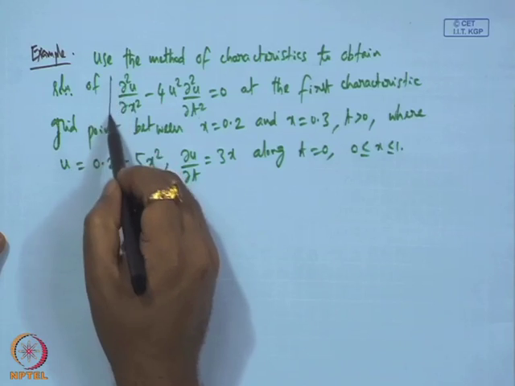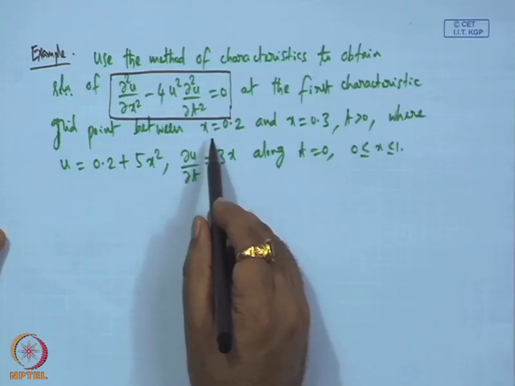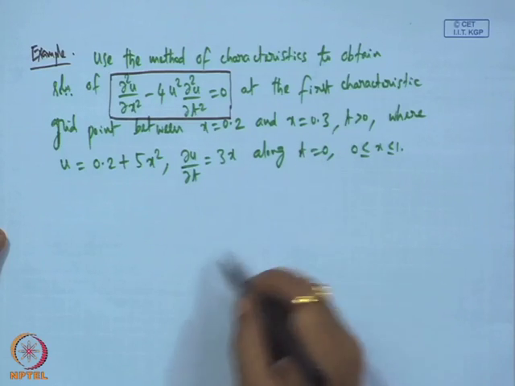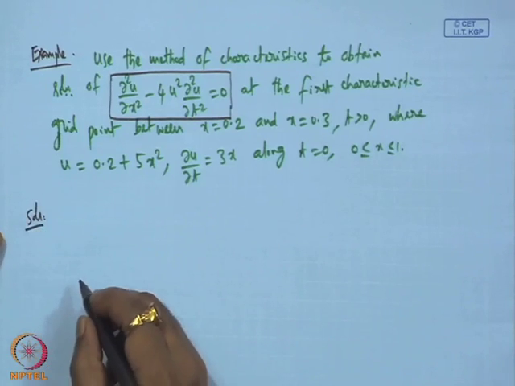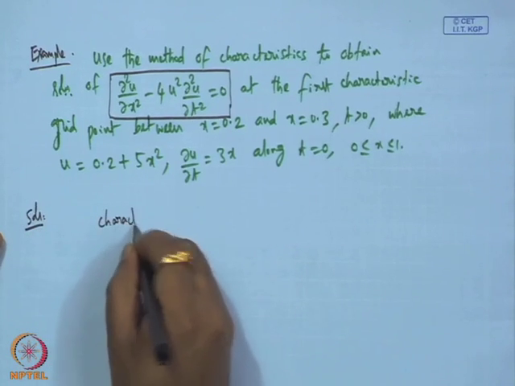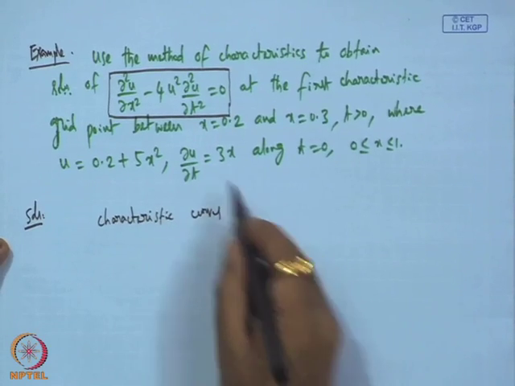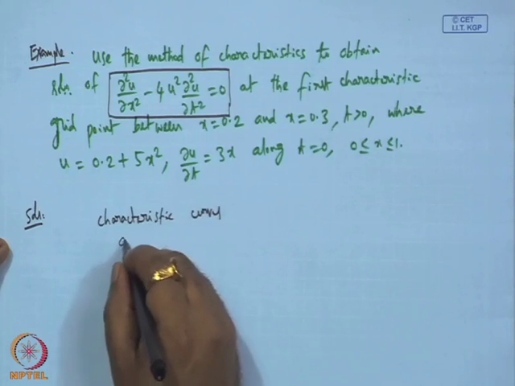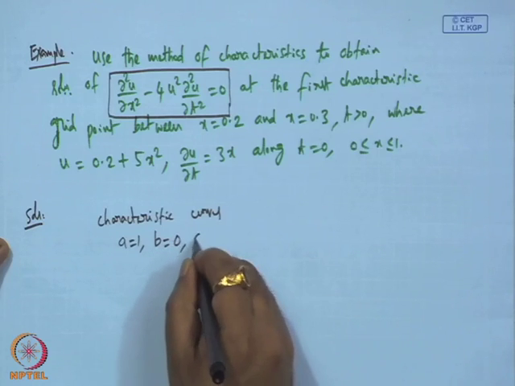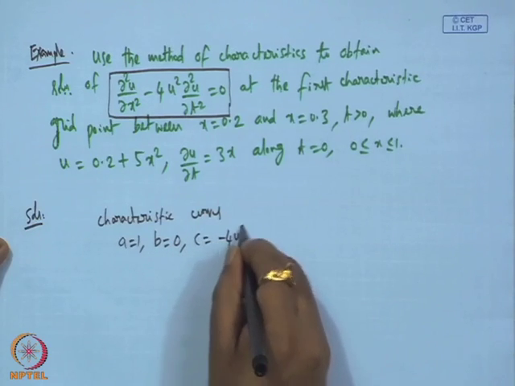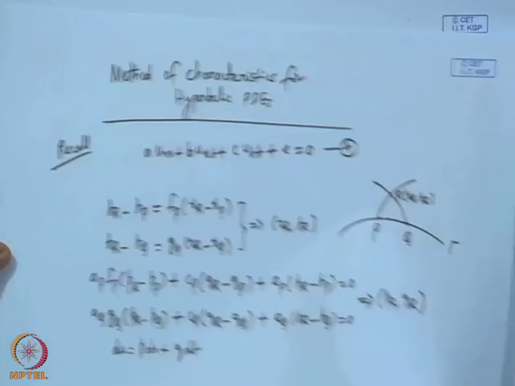So, this is a given PDE and we are expected to get the solution between these two points along the characteristic. Okay. So, solution. What are the characteristic curves? In this case A is 1, B is 0, C is minus 4 u square and E is 0 when we compare with the standard form.